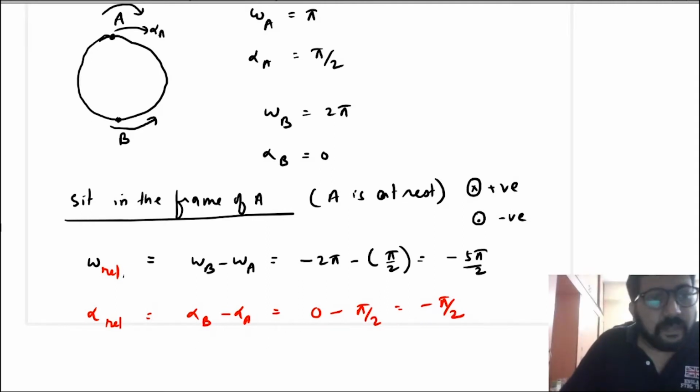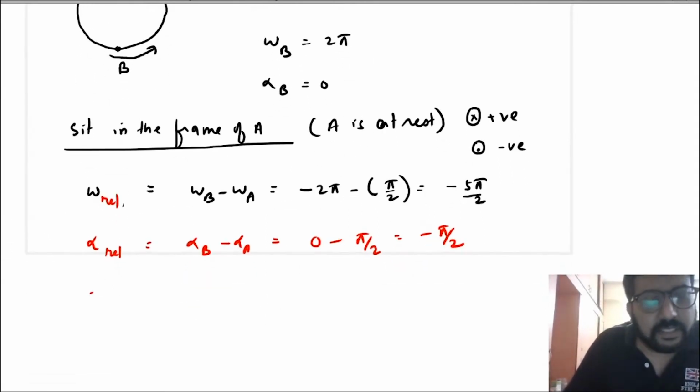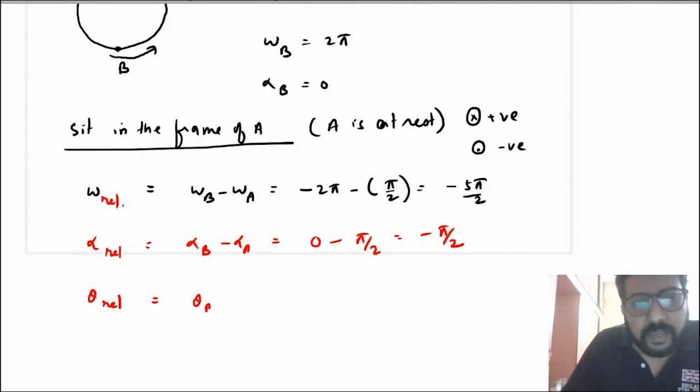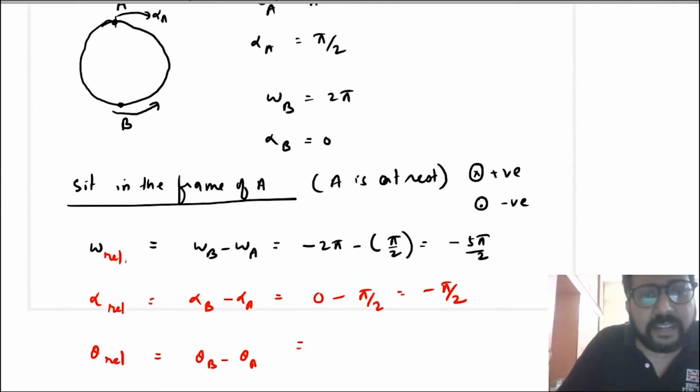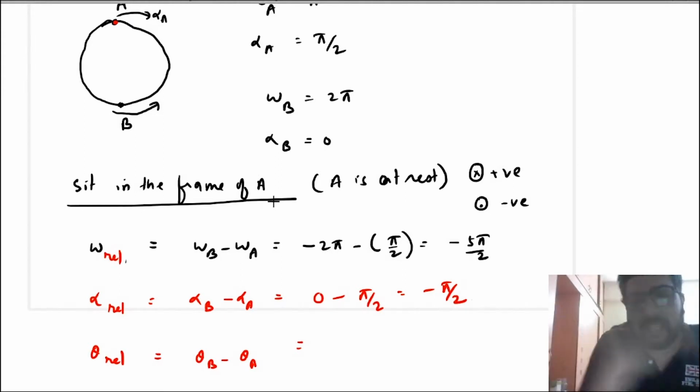Now similarly, let us see theta relative is equal to theta B minus theta A. Now A is at rest and B has to rotate. The direction of omega is minus, right? Minus means up, outward. Outward means anti-clockwise.